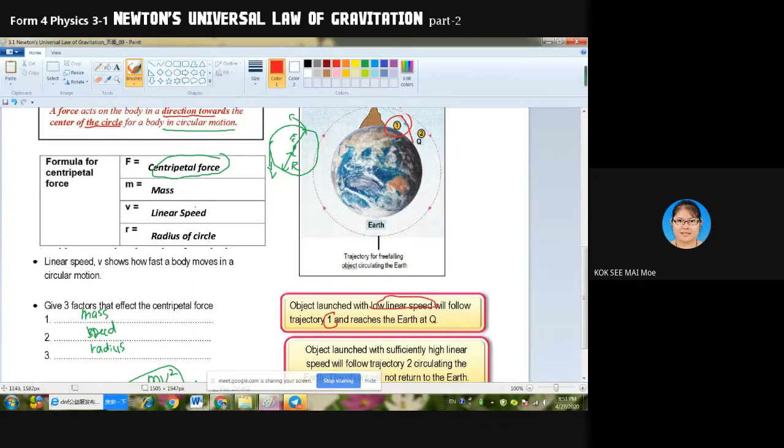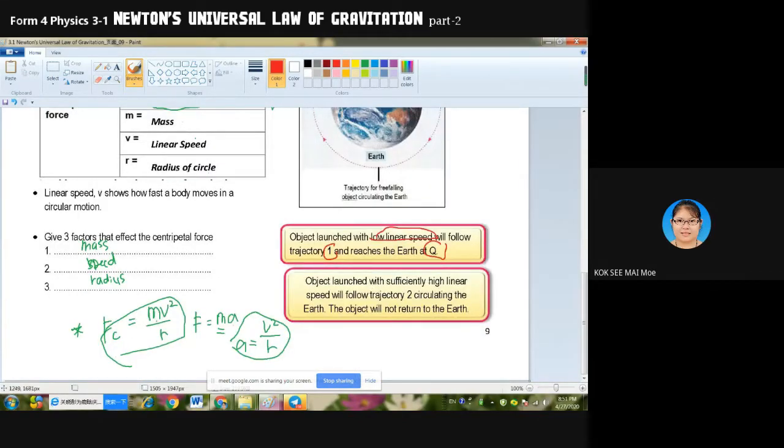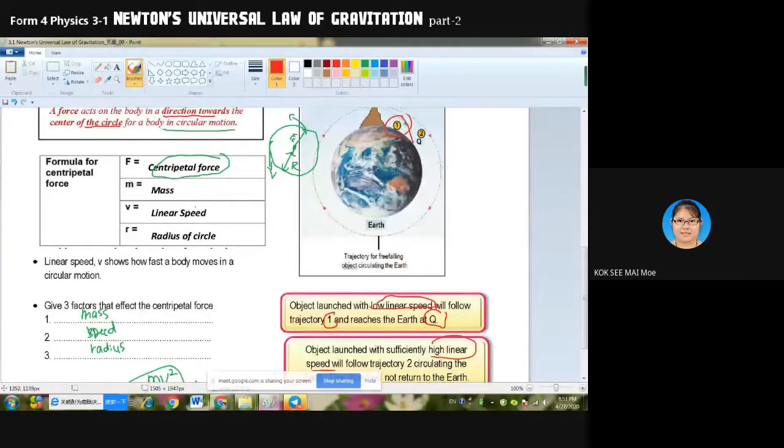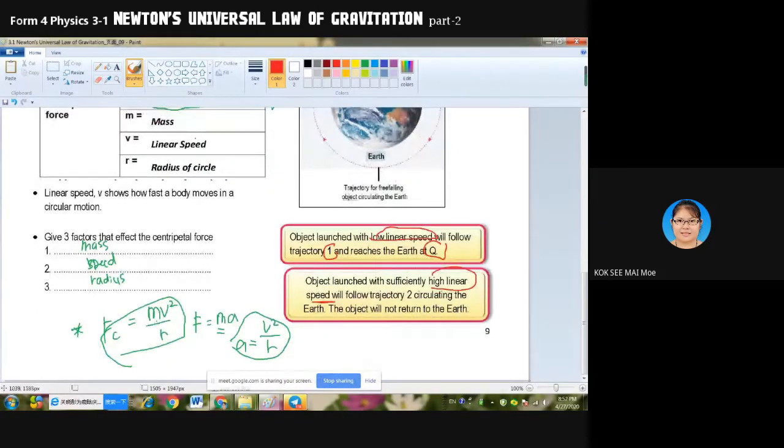Then after that, it will reach the Earth at the cube. If you have sufficient linear speed, meaning you move faster, you follow the second circle, which is out a little bit. From this second circle, the object will not return to the Earth.